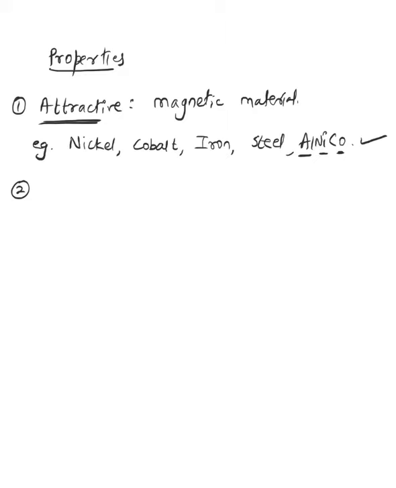Then the second property is the directive property. What do you mean by directive property? The directive property states that whenever you suspend a magnet freely, it will always rest in the geographic north-south direction. Remember, you have to suspend the magnet freely, from the middle, and just spin it and leave it.